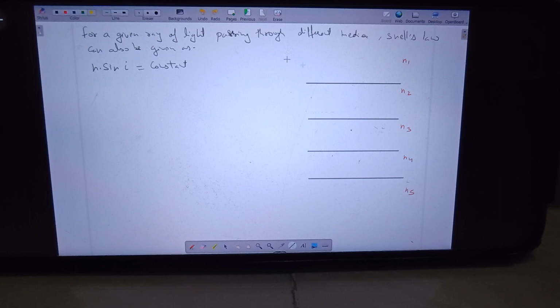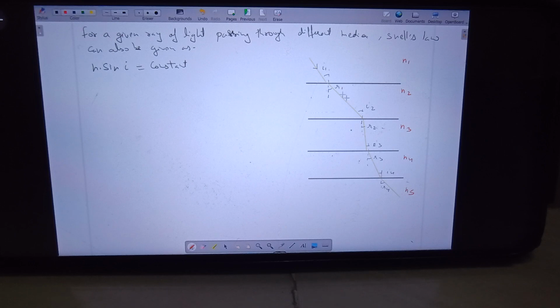And so the ray takes different paths like this. These are the normals at the interface. Here is I1 and refracted at R1. On the next interface, incident at I2, refracted at R2, incident at I3, R3, I4, R4.